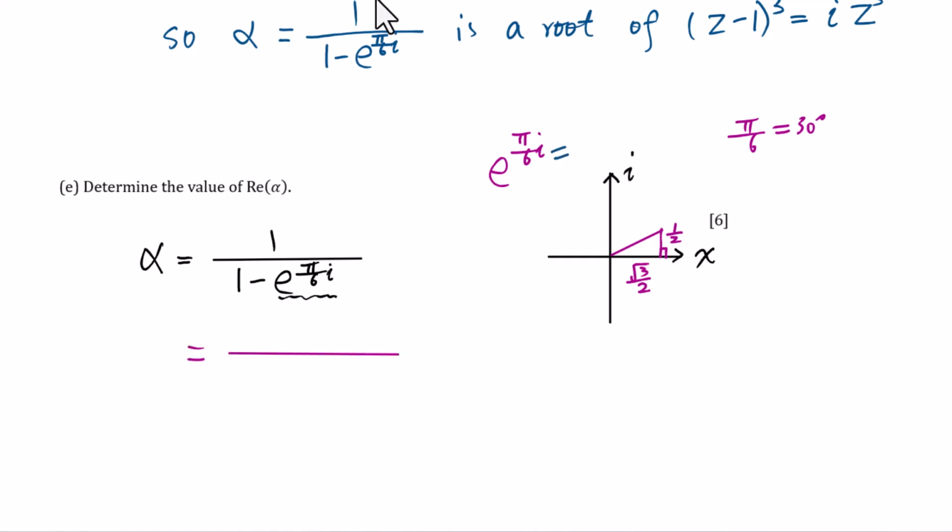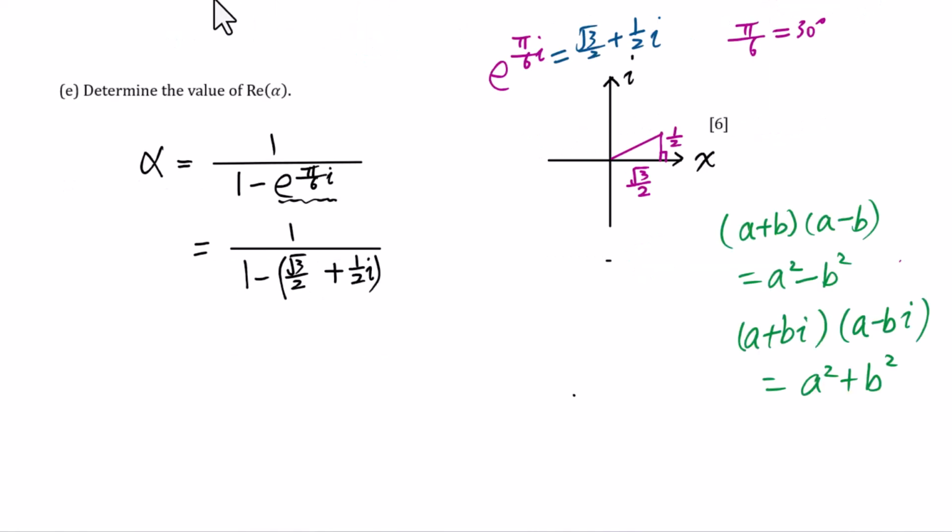So we get e to the power of pi over 6i equals square root of 3 over 2 plus 1/2 i. So we get 1 over 1 minus, don't forget to use parentheses, square root of 3 over 2 plus 1/2 i, equals 1 over 1 minus square root of 3 over 2 minus 1/2 i.